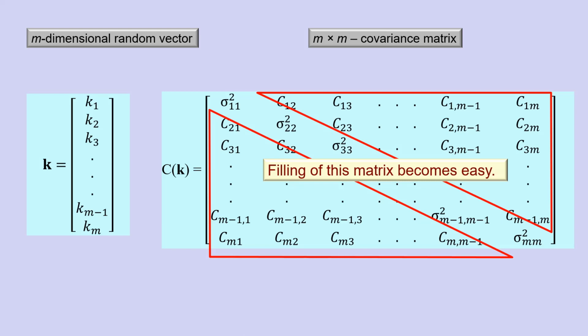All I have to know is the function which relates covariance to distance, and the distance between the points, the centers of the cells of the model domain. And then I have a complete statistical characterization of the variability of hydraulic properties, or in this case hydraulic conductivity, throughout the model domain.